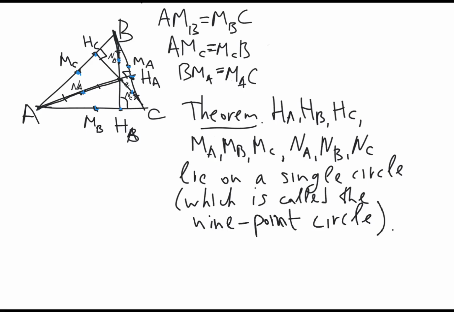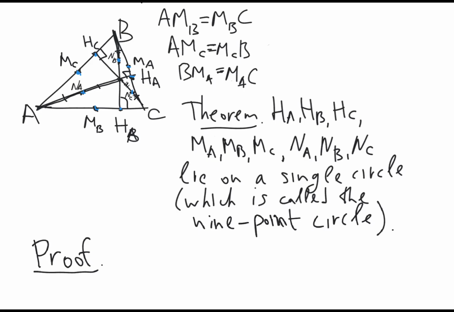Yeah, so let's prove this. It's also known where the center of this circle lies, and what the radius of this circle is in terms of the other elements of the triangle. I think I will make a separate video about this.